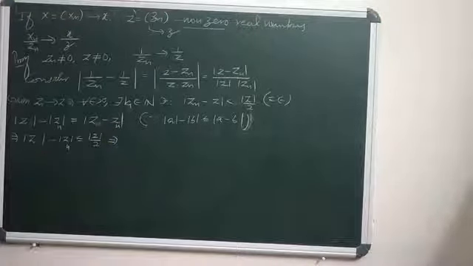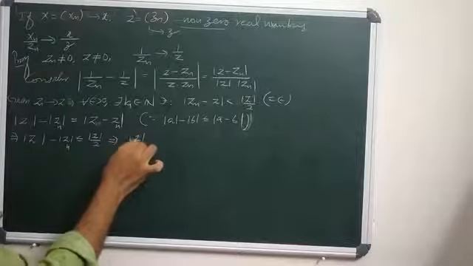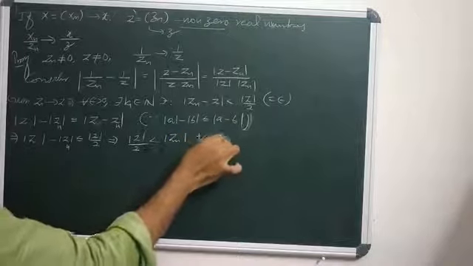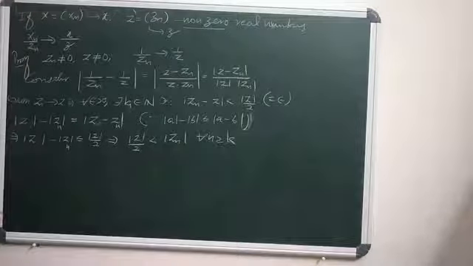So that means mod z by 2 is less than mod zn for all n greater than or equal to k1. Why?